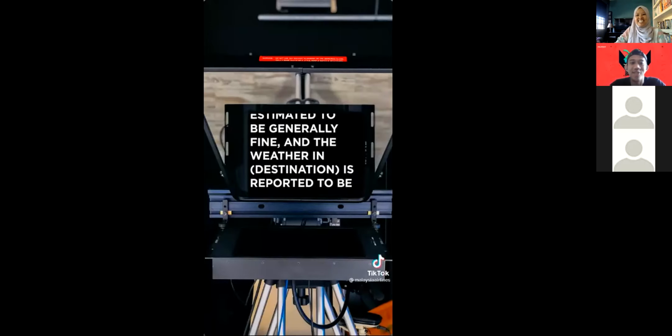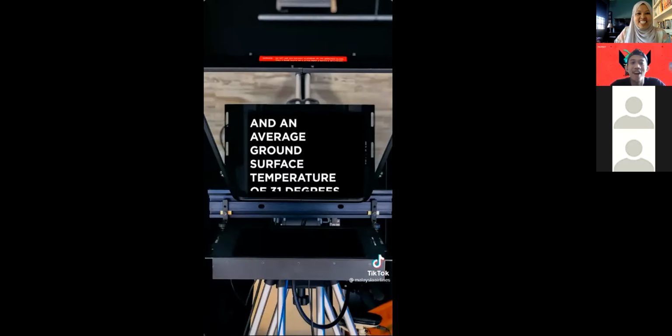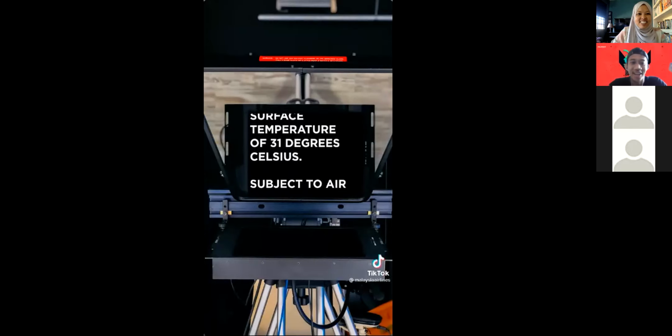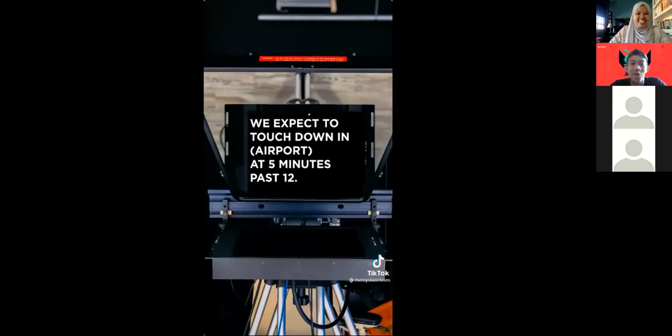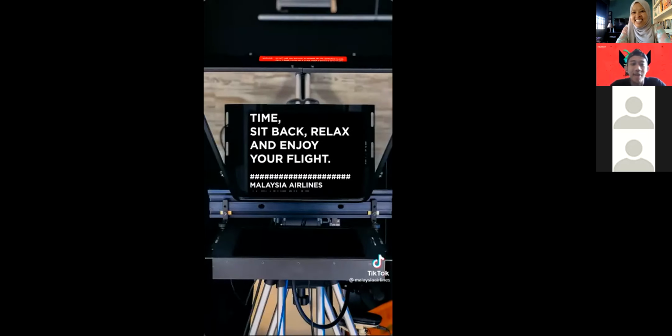This flight will take us approximately 1 hour. The weather on the way is estimated to be fine, and the destination is reportedly fine as well. Sunny, temperature 39 degrees Celsius. Subject to air traffic control, we are expected to touch down at the airport. In the meantime, sit back, relax, and enjoy your flight.